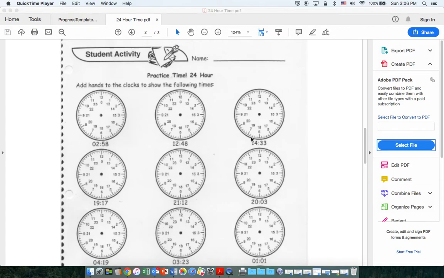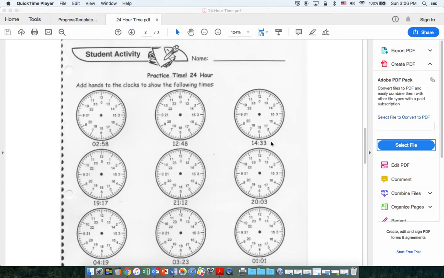Let's take a look at this third one though. This is where it gets tricky. Here's a time you wouldn't commonly see on a 12-hour clock, 14:33. So what I need to do is ask myself, well, what time is it? Well, I can point to the 14 here, and I know that 30 would be 3 spots after the 6.